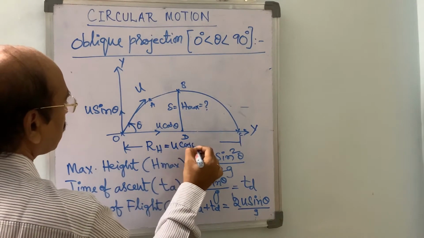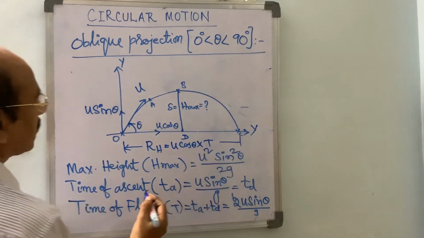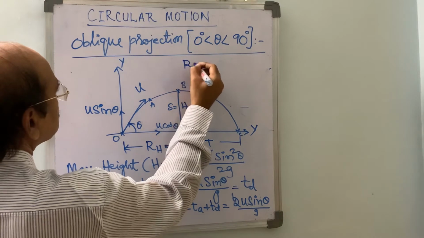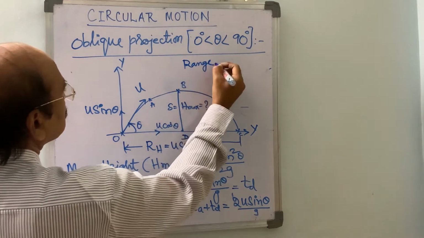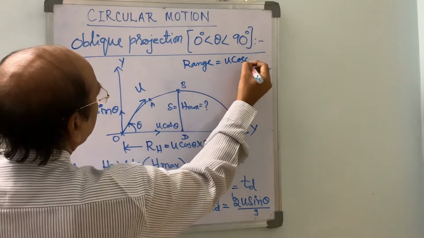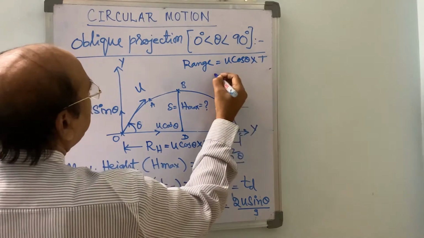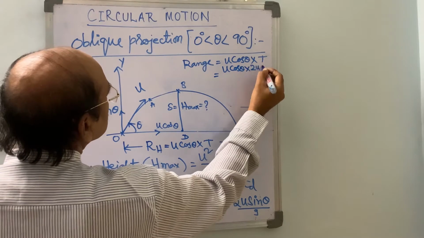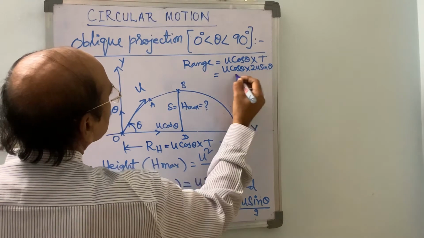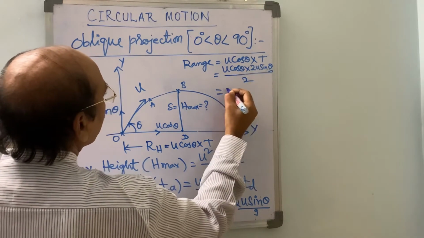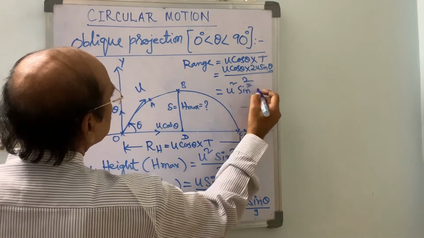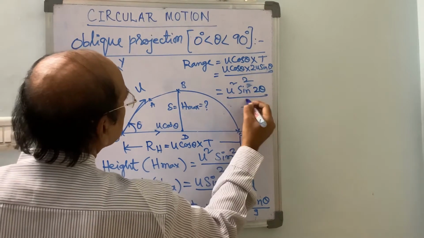Now horizontal range is equal to horizontal component of velocity into time of flight. Therefore, horizontal range is u square sin 2 theta by g.